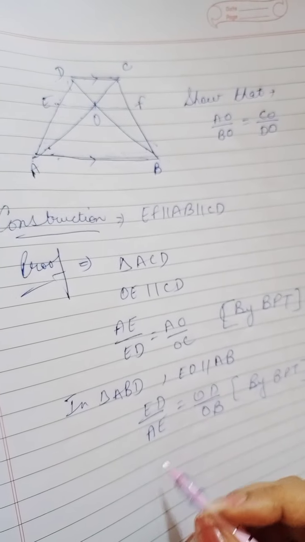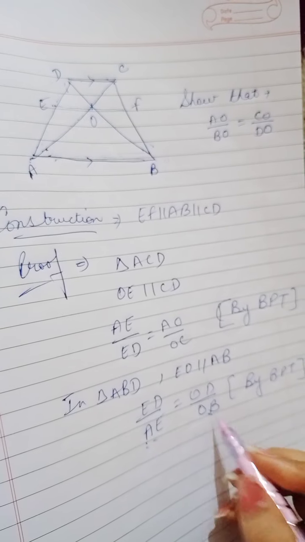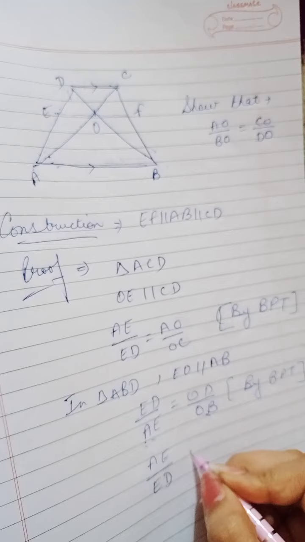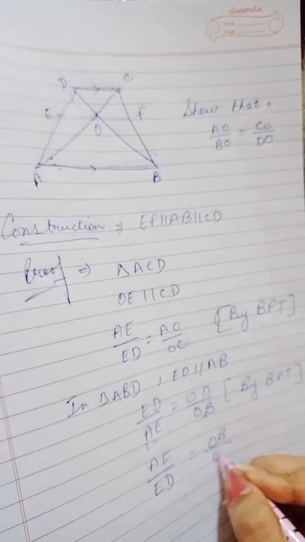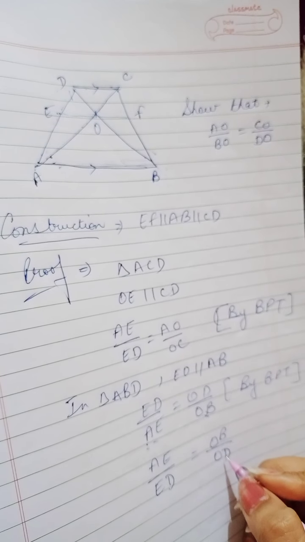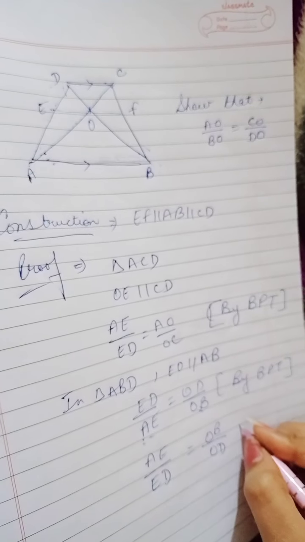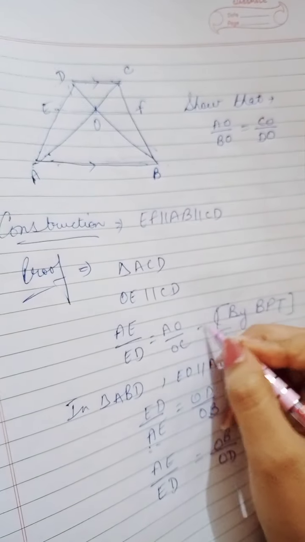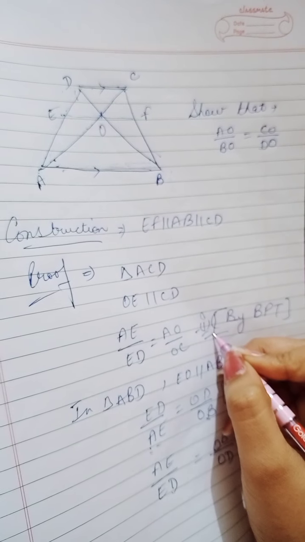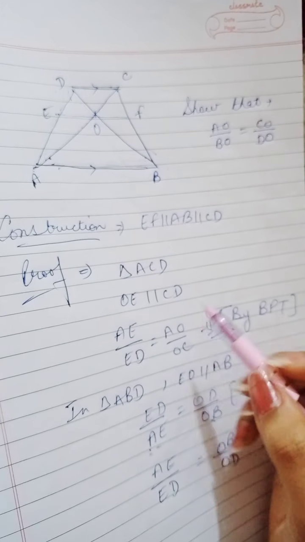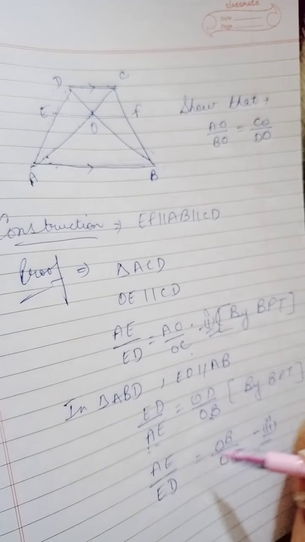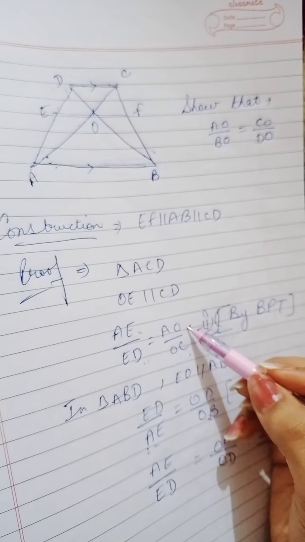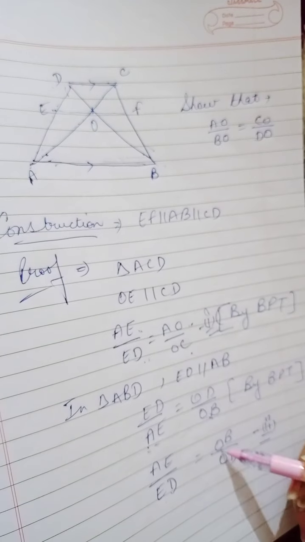Now you can take the reciprocal of these two, because on both sides you are taking the reciprocal. AE upon ED would be equal to OB upon OD. This will be the second equation and the earlier one the first equation. By using the first and second, AE by ED equals AO by OC, and AE by ED equals OB by OD.